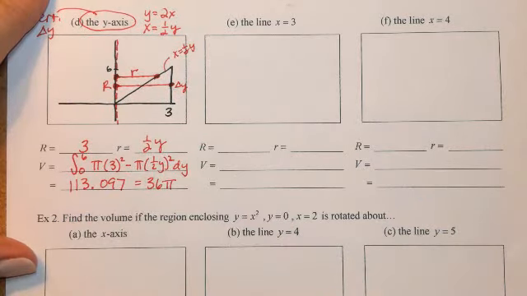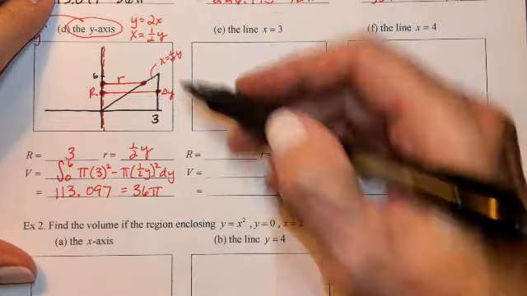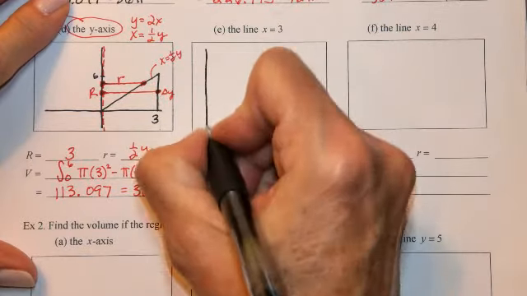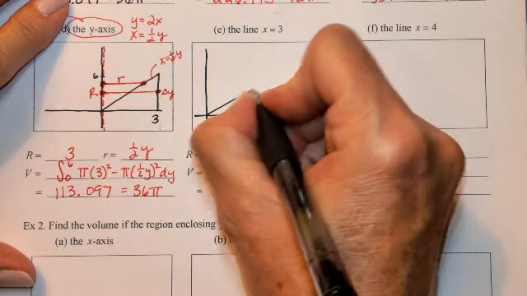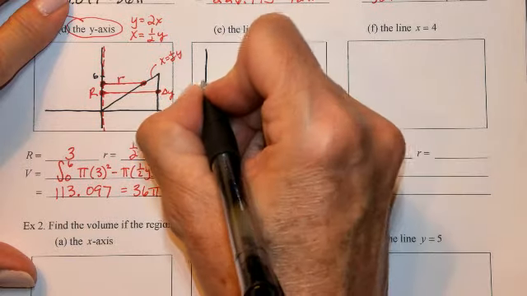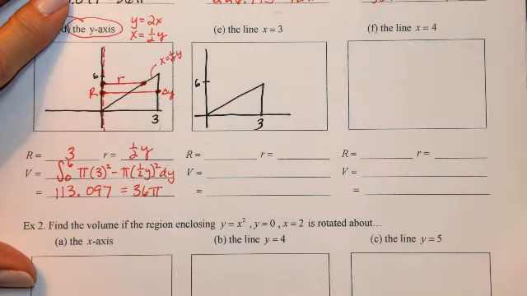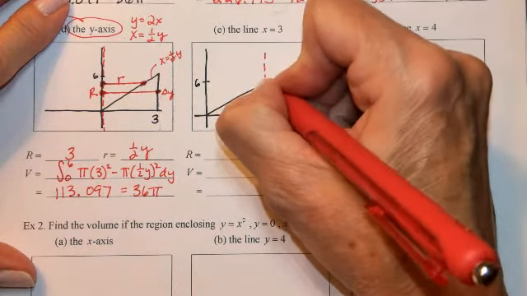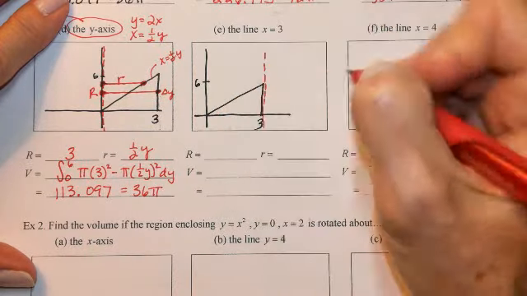Okay, let's take the same region and revolve it around x equals 3. X equals 3 is still vertical, isn't it? So here's our region. And this time our axis of revolution, draw a dotted line, is right at x equals 3.